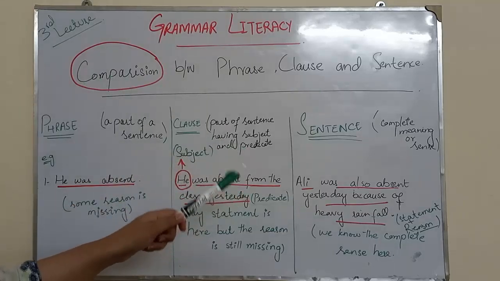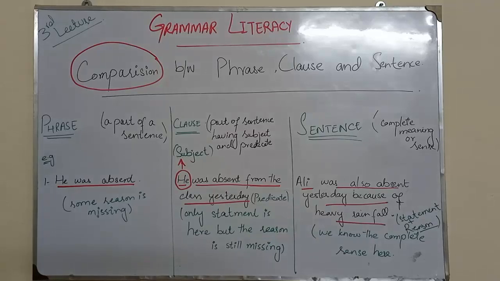A sentence is a group of words that conveys the complete meaning, and in the previous lecture we gave the example: he is eating an apple. Somebody is asking what he is doing, and here is the answer, he is eating an apple, and the whole thought is conveyed.